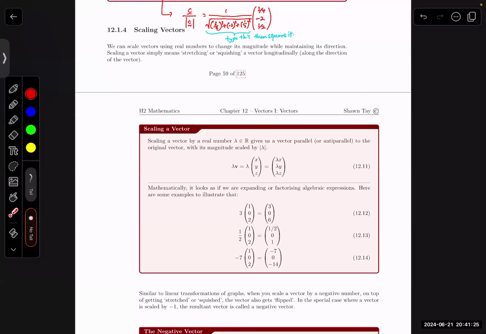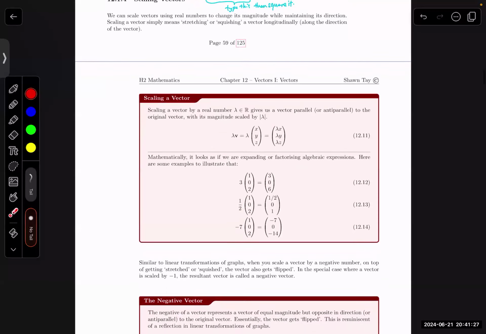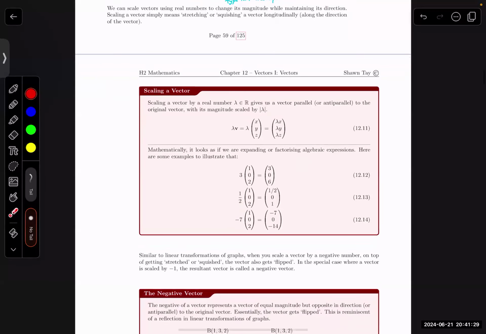Reflecting a vector is just a negative vector, but it's simply scaling a vector by -1. Same as how you would think of graph transformations, when you scale by a negative number, the graph flips.